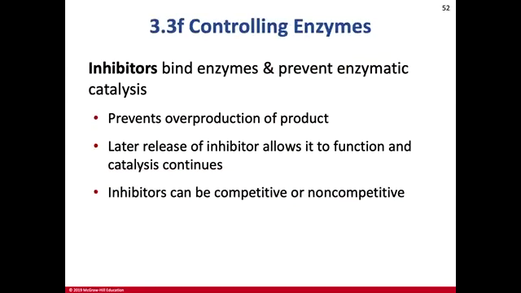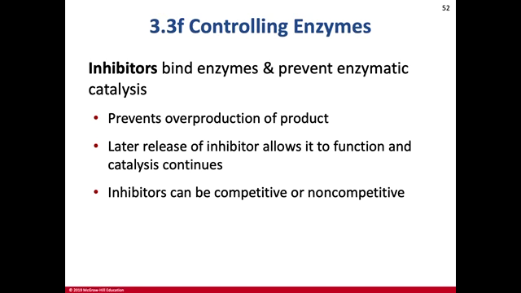Now, we can control enzymes using inhibitors and enhancers. Okay? An inhibitor is a molecule that binds the enzyme either within the active site or at what's called an allosteric site in order to slow it down. Okay?